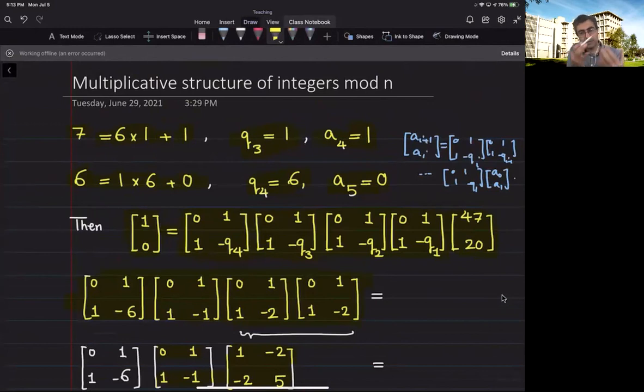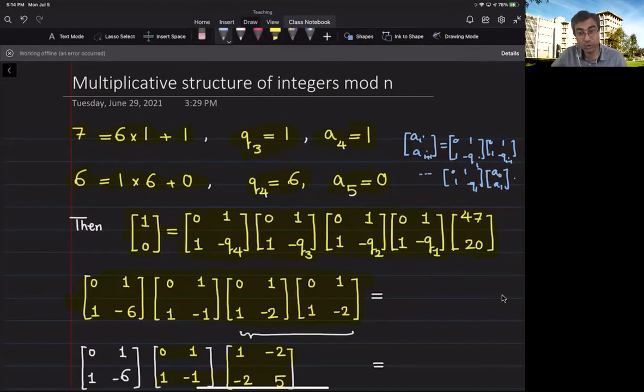Now, observe this matrix multiplication. We said that this sequence of a sub i's, if I capture a sub i and a sub i plus 1 in this column vector, a sub i in the 1, 1 entry and a sub i plus 1 in the 1, 2 entry, then this matrix multiplication of 0, 1, 1, negative q sub i, 0, 1, 1, negative q sub i minus 1, and so on till we get to 0, 1, 1, negative q sub 1.